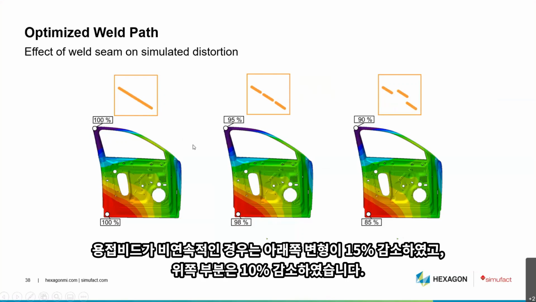And when we go from the stitched seam to this kind of seam, we manage to reduce the distortion in the lower section by 15%, and in the upper region by 10%.